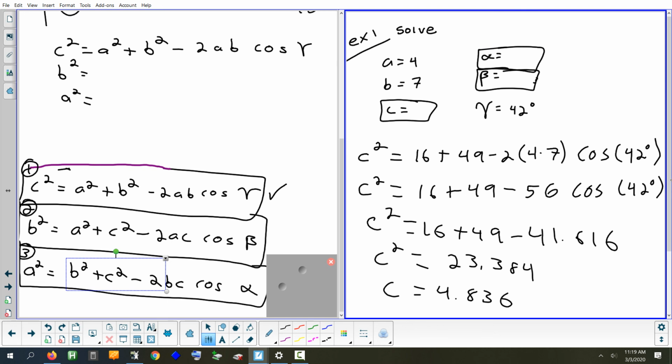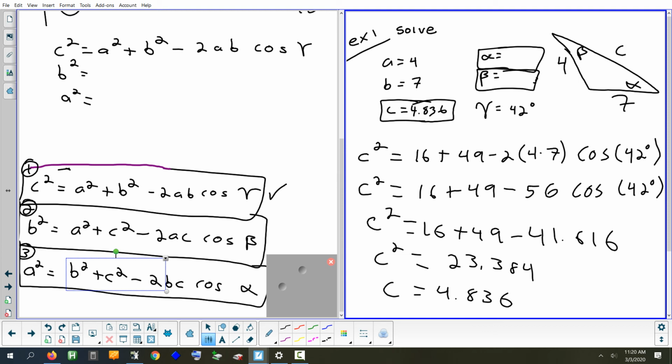Okay, so let's go back up and look at our problem. Let me write down what we got. 4.836. Okay, so when we started, we had A, no alpha. We had B, no beta.